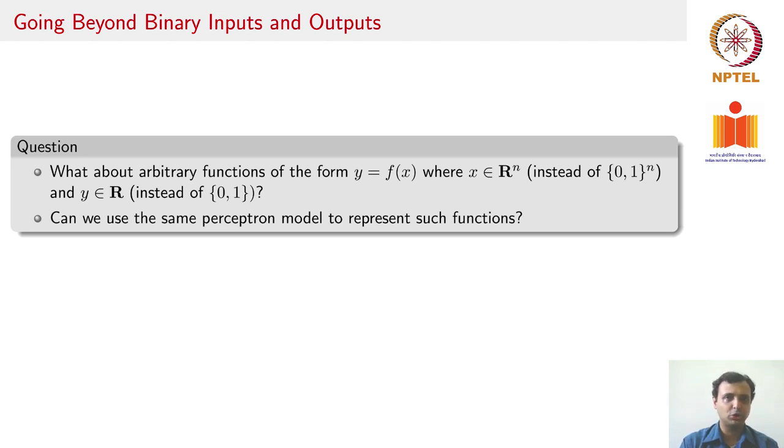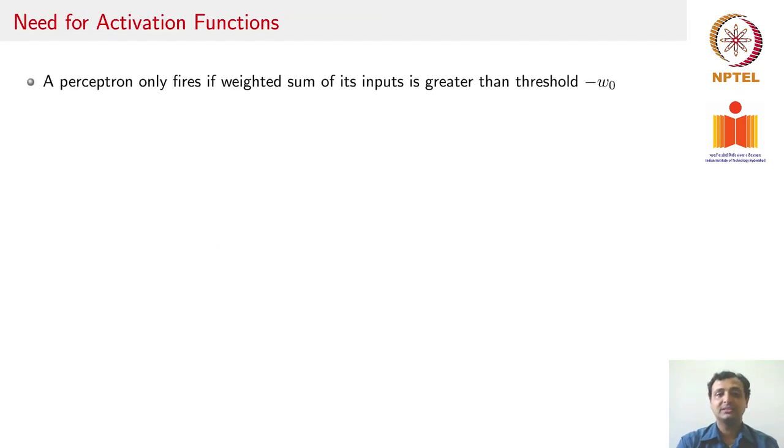The previous result that we showed was only that a multilayer perceptron with 2 power n hidden neurons can solve any Boolean function. What if that function was not Boolean? Can we use the same perceptron model to represent such functions? The answer is we need something called activation functions. Why activation functions? We'll see that in a moment.